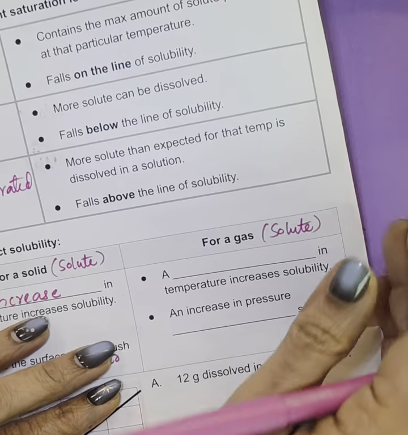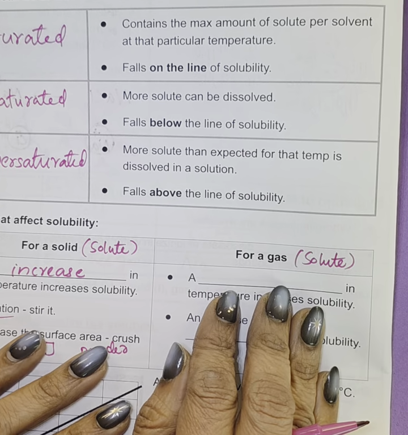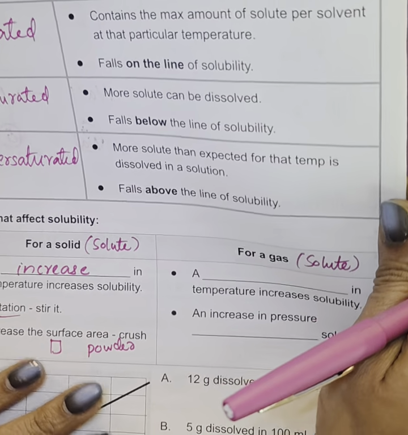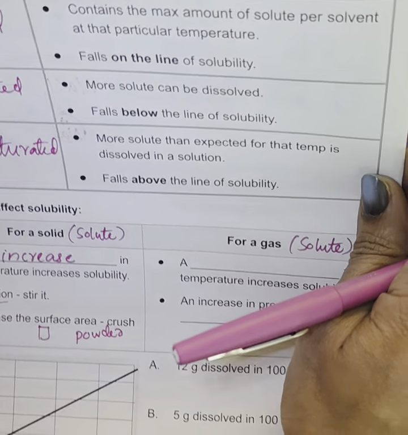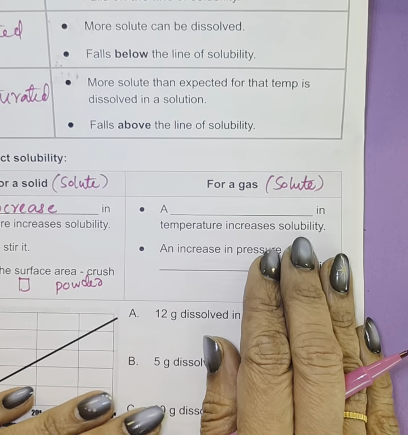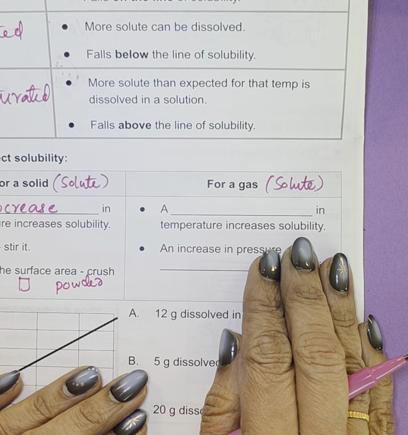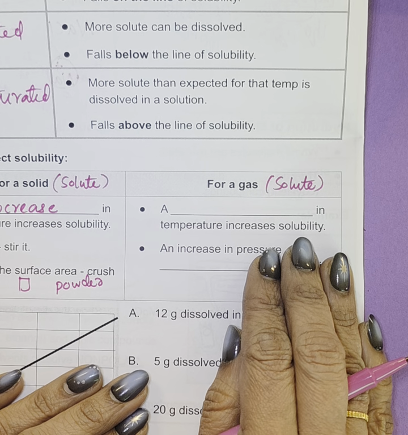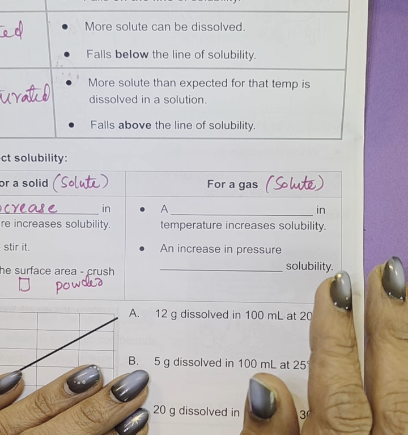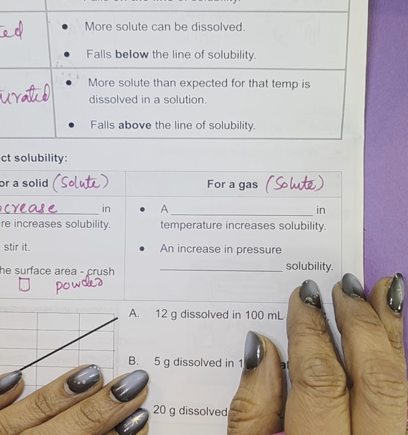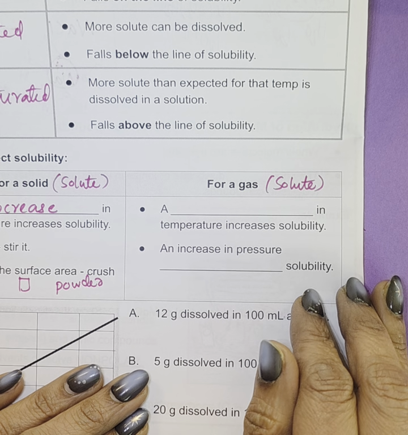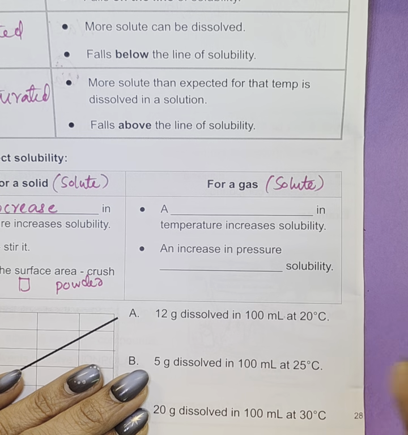Okay? But if it is a gas, if we increase the temperature, what will happen? If you have soda and you microwave the soda, what will happen? It goes flat, okay? So where do you always keep soda? In the refrigerator. You need a cold temperature.